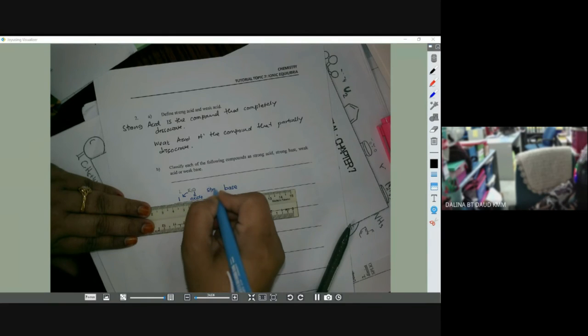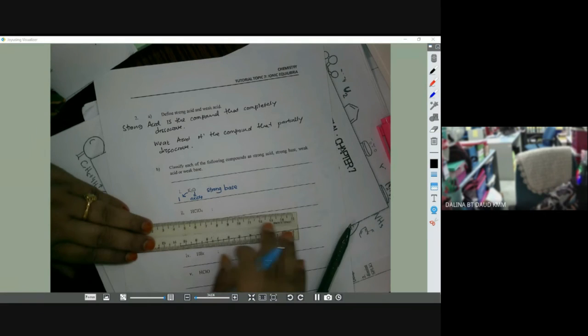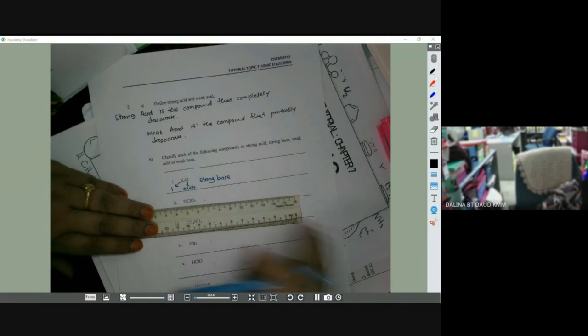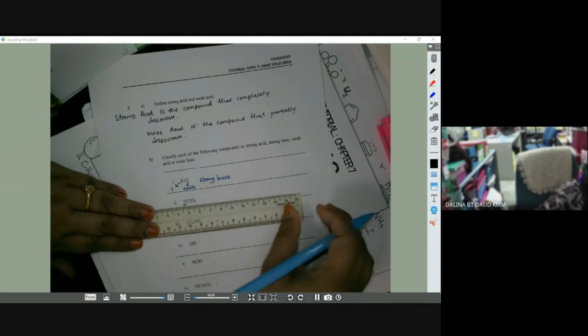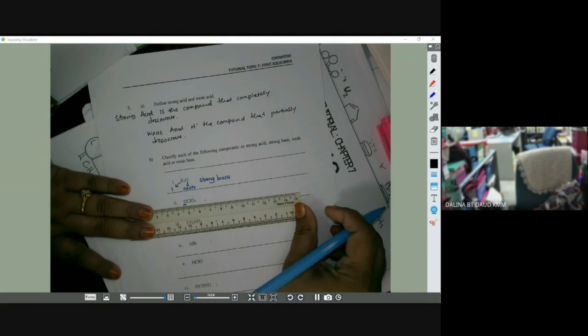Okay, good. Next, kita pergi Izati. Yang ini tengok beza dia. Yang ini KO. Yang ini ada H. So automatic dia apa Izati? Izati hilang.